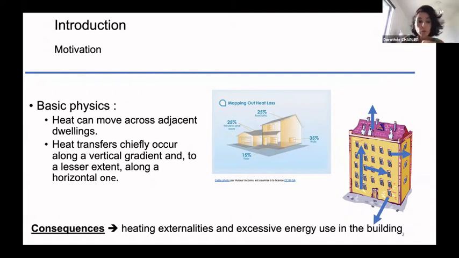For example, if you live on the ground floor, the heat goes to the top, and it's possible to have some losses. So we have some basic physics, and we note that heat can move across adjacent dwellings, and it's possible to have some losses between dwellings according to the floor.